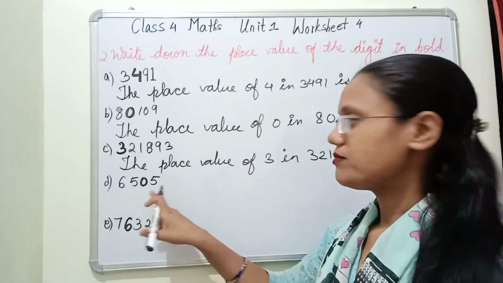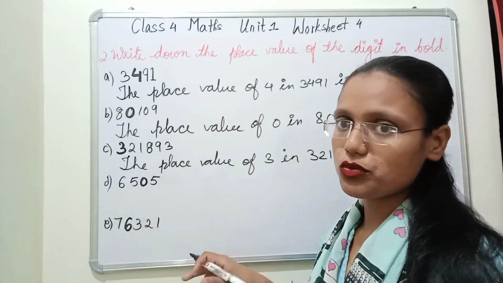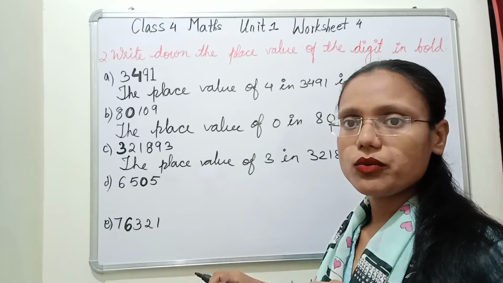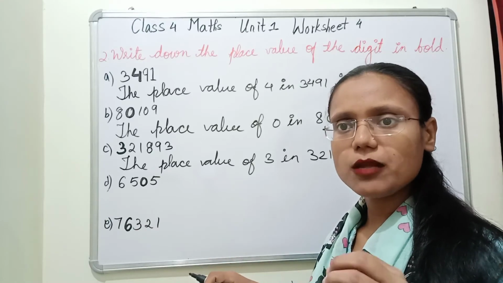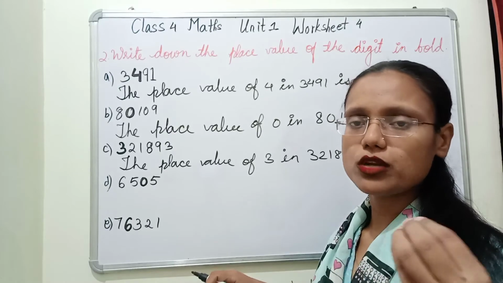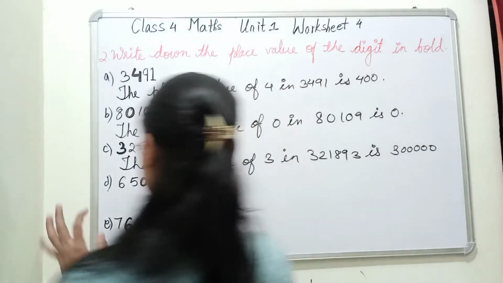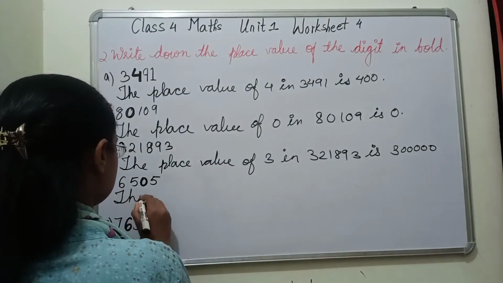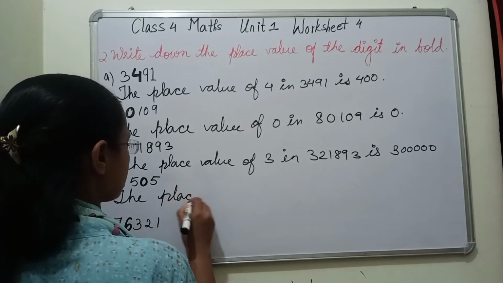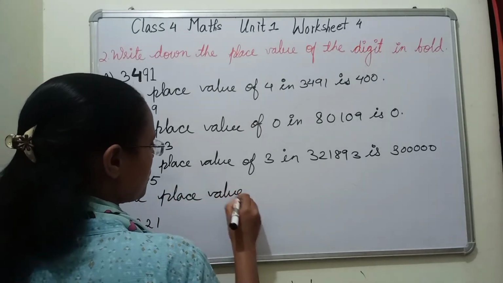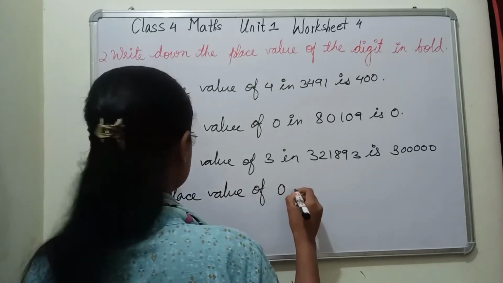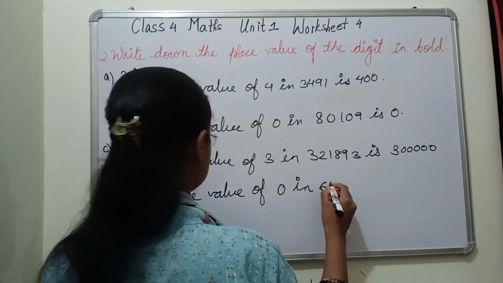Now D. Here 0 is bold. Again, as I told you, wherever 0 is, in whichever place 0 is, the place value of 0 will also remain 0. Always. Just close your eyes and write it. Wherever the 0 is, just close your eyes and write 0.